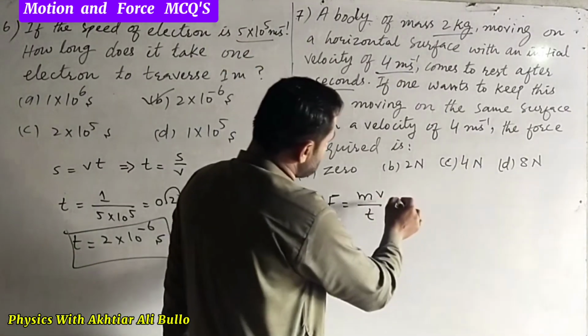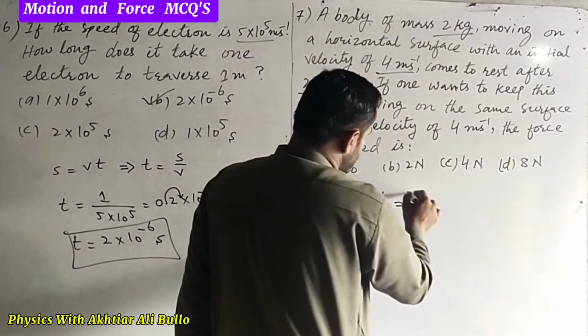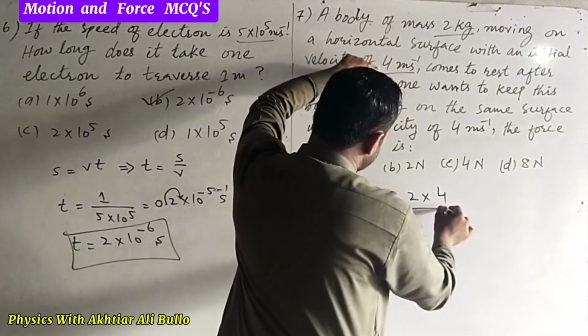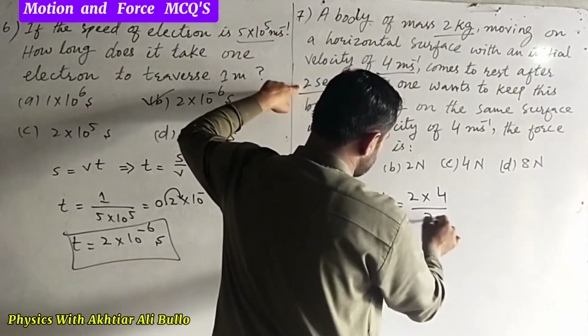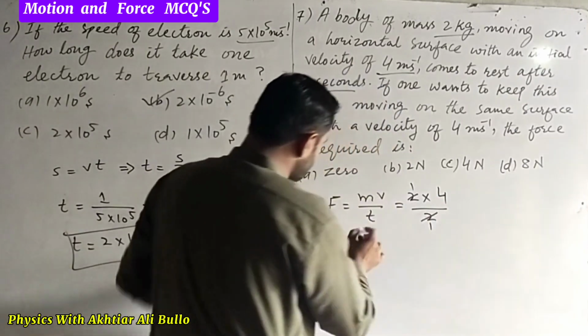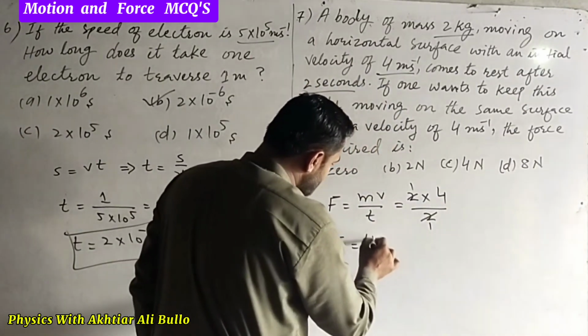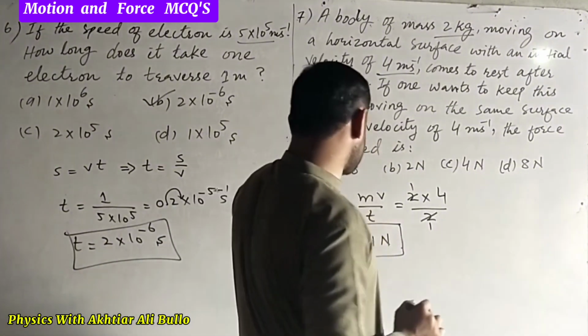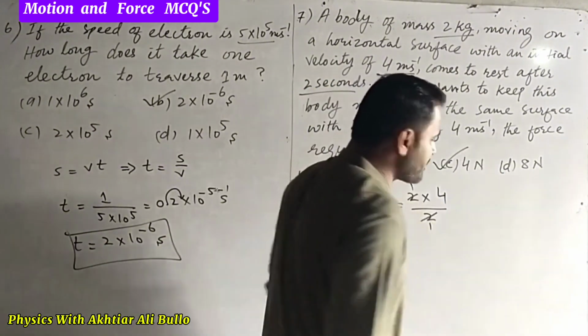So here mass is 2 kg, velocity is 4 and time is 2 seconds. So 2 will get cancelled with 2. So the force is obtained as 4 Newton. So the correct option is C, 4 Newton.